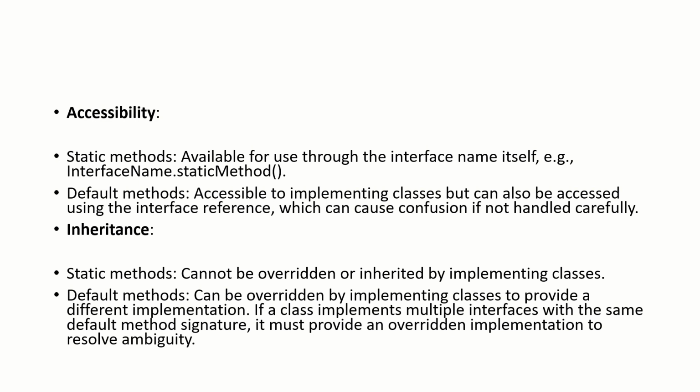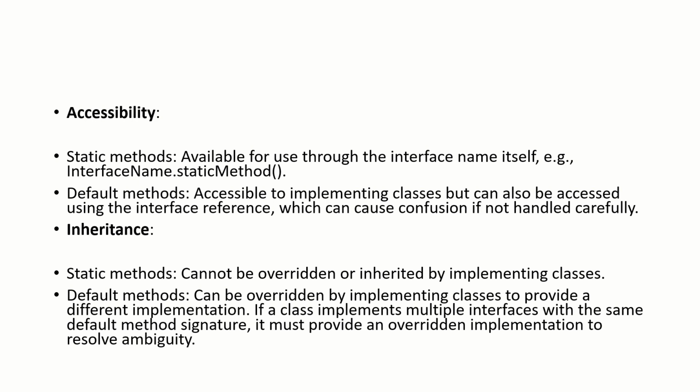Let me read it out for you again. The accessibility of the default method: accessible to implementing classes but can also be accessed using the interface reference, which can cause confusion if not handled carefully. Now coming to the inheritance, static methods cannot be overridden or inherited by implementing classes, because you know that we cannot override the static methods.